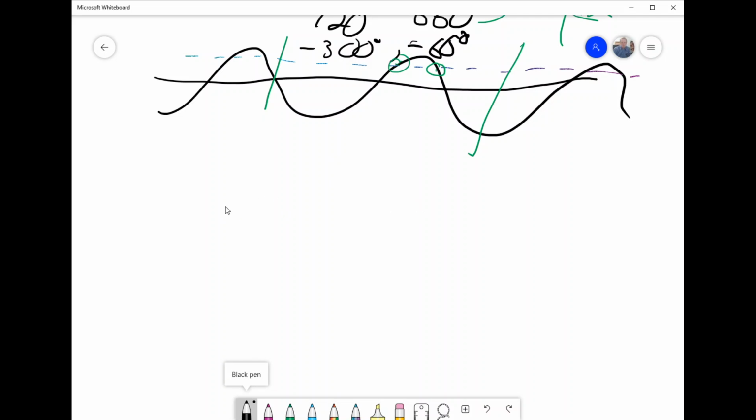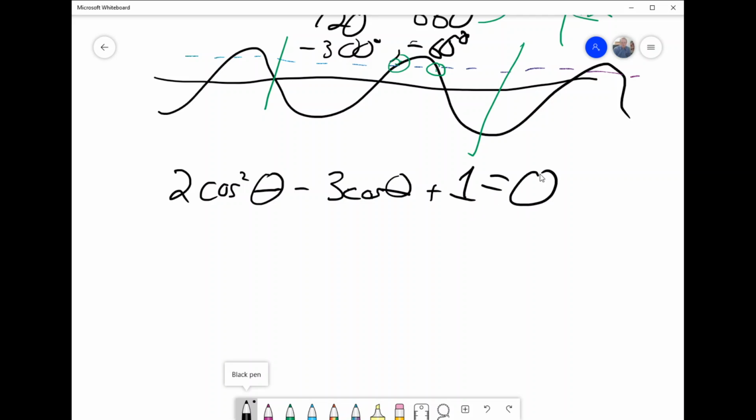What does a second order look like? Well, there you could have things like cosine squared theta. Actually, we'll go 2 cosine squared theta minus 3 cosine theta plus 1 equals 0. So something like this is second order because it's like a polynomial of degree 2, except instead of having x, we've got cosine.